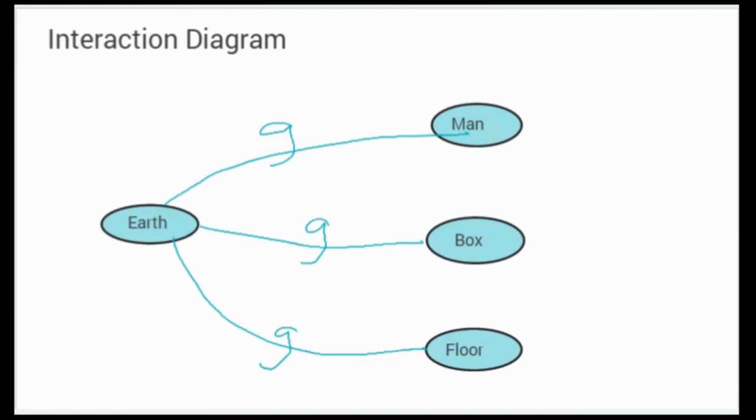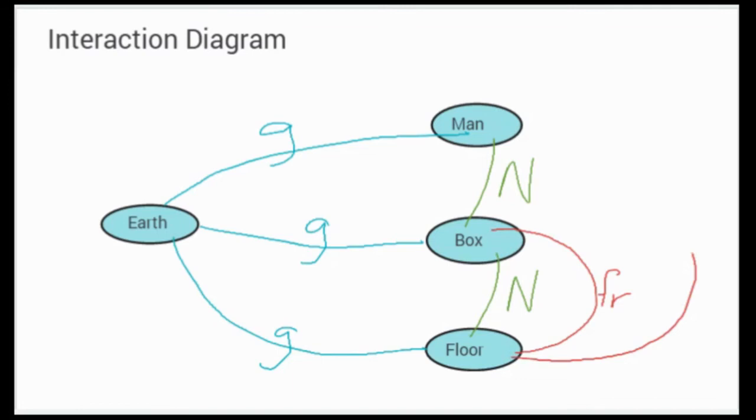There is a normal force or a push force of the man pushing on the box, and there is a normal force between the box and the floor. There is also a force of friction between the floor and the box, and a force of friction between the floor and the man's feet. Notice that each of these lines is connected to two different objects, indicating the two objects which are interacting.